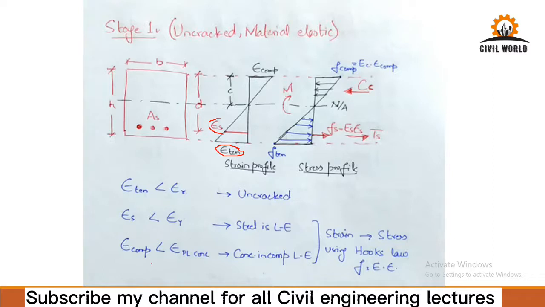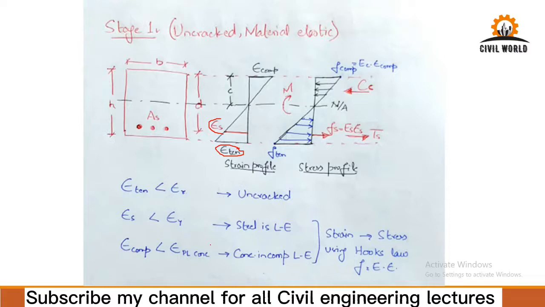Then compression strains in concrete are less than the proportionality limit of that concrete. Concrete has no specific value for modulus of elasticity, so it changes with the type of concrete and its strength.